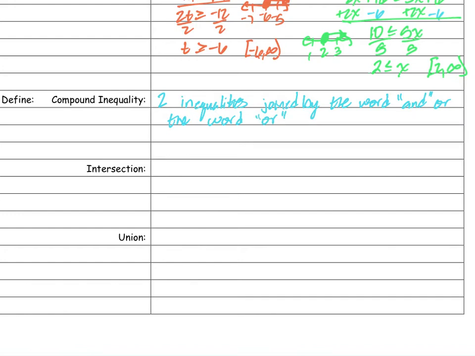Some examples are: x is less than -3 or x is greater than 0. And then we have x is less than 5 and x is greater than 3.